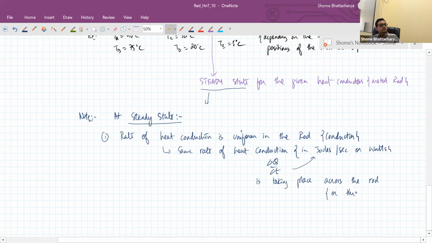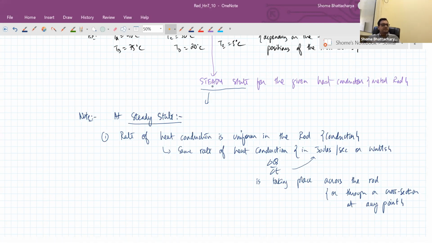or through a cross section at any point in the rod. So whether we've chosen a cross section at the point A or B or C or D or any other point on the rod, the rate at which heat is flowing through that cross section is going to be the same in joules per second.